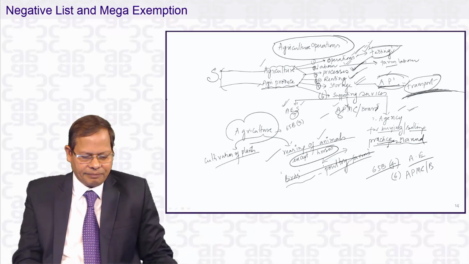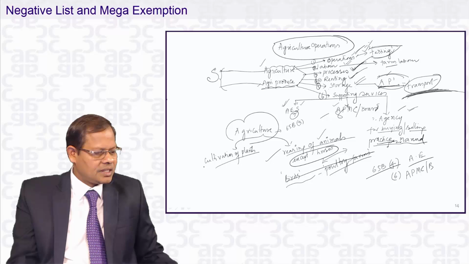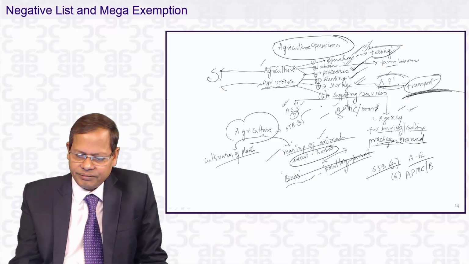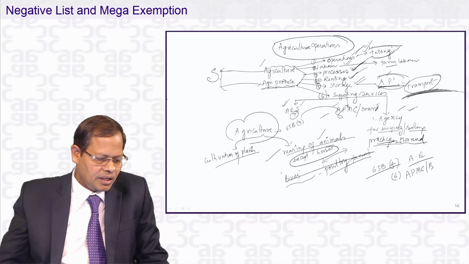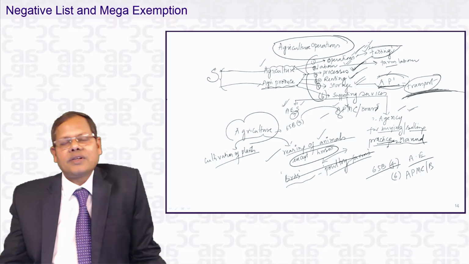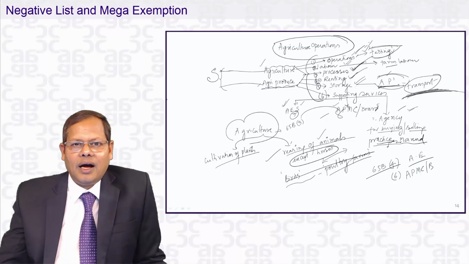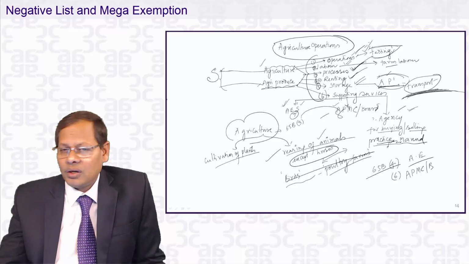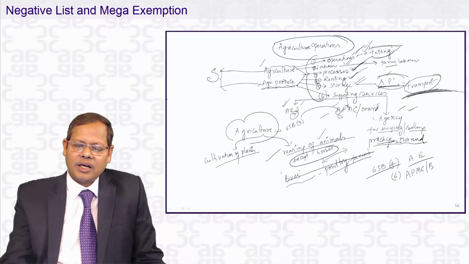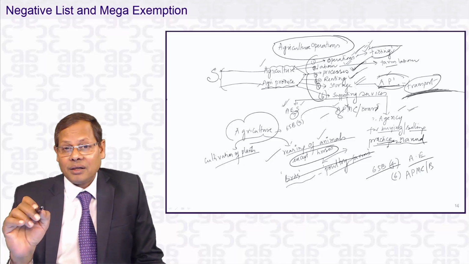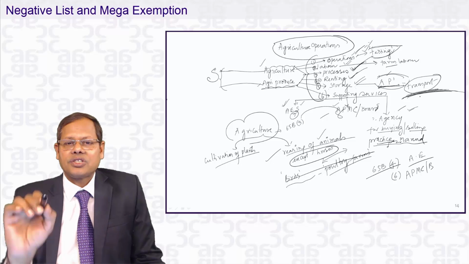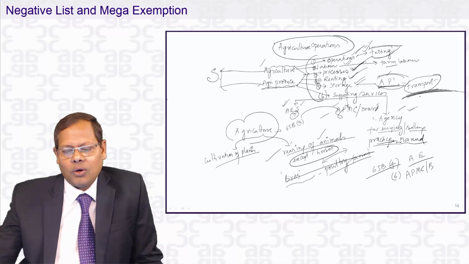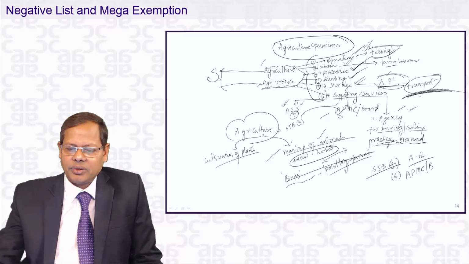So there is a list of services, 7 services altogether. These 7 services are under the negative list. What about others? They have here given the list of services which are under the negative category. All others are taxable except those provided here.